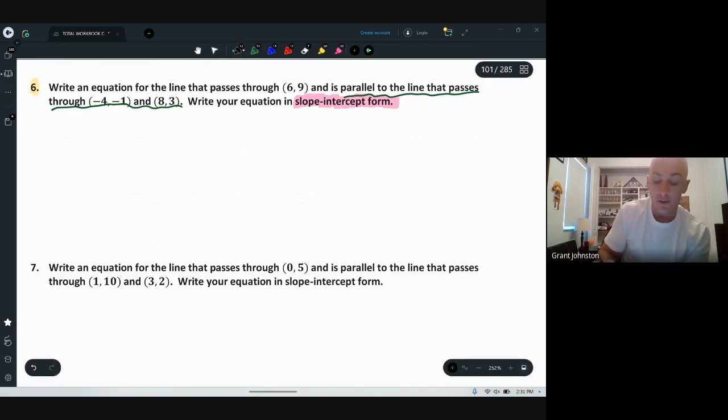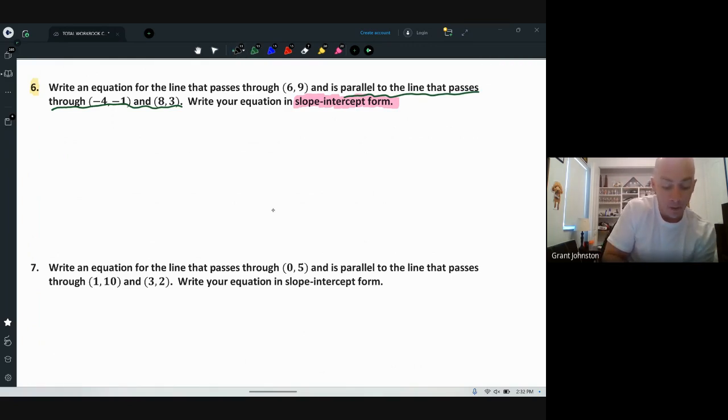So I'm going to use that slope formula again. So my slope, I'll label this again, x1, y1, x2, y2. So I'm going to have 3 minus negative 1, y2 minus y1 on top. And then on the denominator, we'll have x2 minus x1.